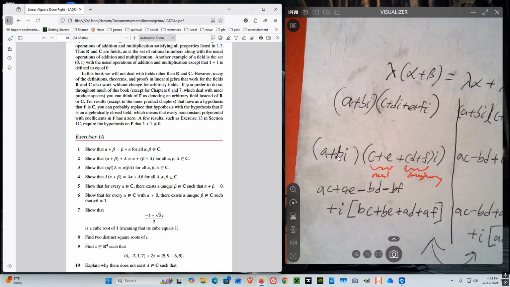Okay, so when you use complex multiplication, you'll do a times c plus e, for example. Well, that's multiplication of real numbers, and then you can distribute the a to the c and the a to the e. Also, the bi times d plus fi for the complex multiplication.